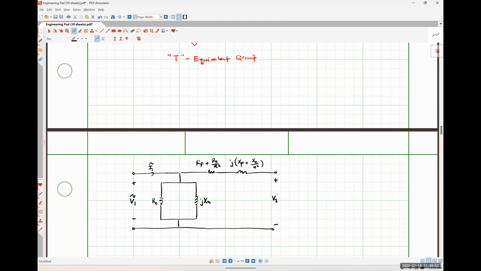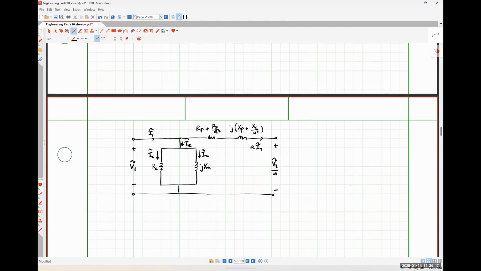So this voltage right here is V2 over A. This current right here is A times I2. And for what it's worth, this is still our excitation current, IC and IM. Okay.